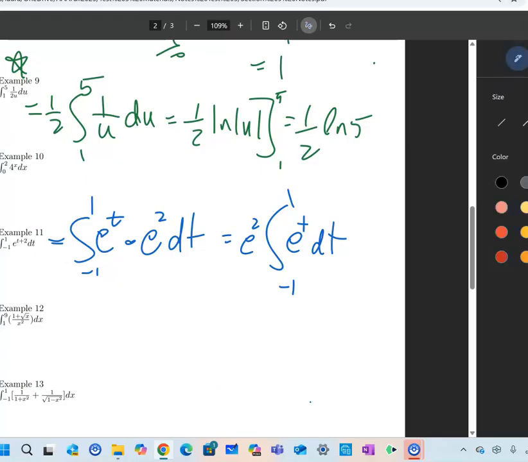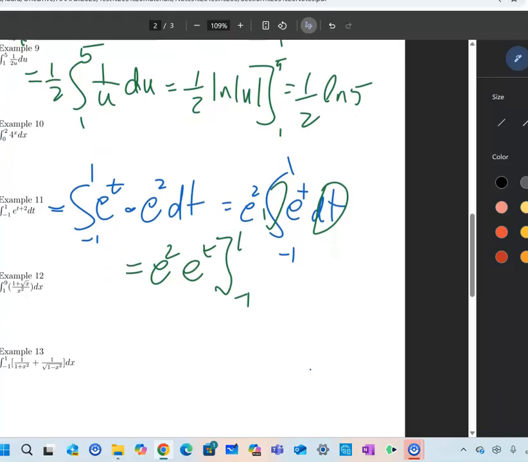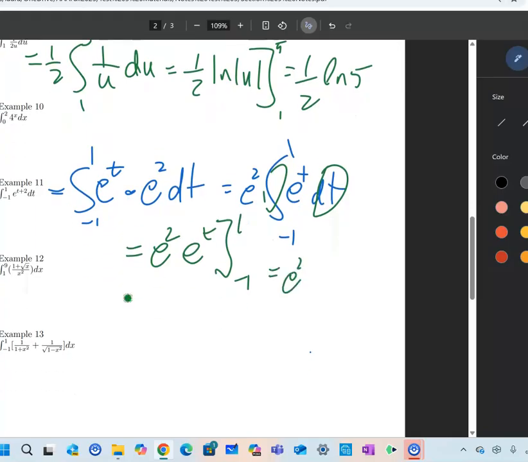So notice when I take the antiderivative, let me break it on the next line. Carry that thing along, e to the t. So when I take the antiderivative, this and the integral sign go away, and that's when I put the from negative 1 to 1 thing, right? So I get e squared times e to the 1 minus e squared times e to the negative 1.